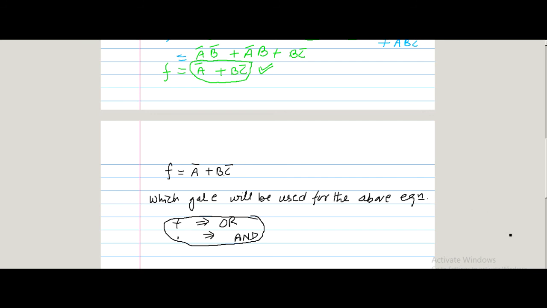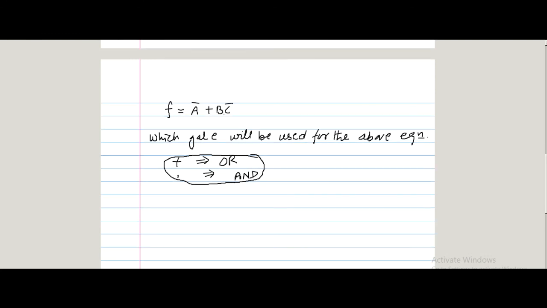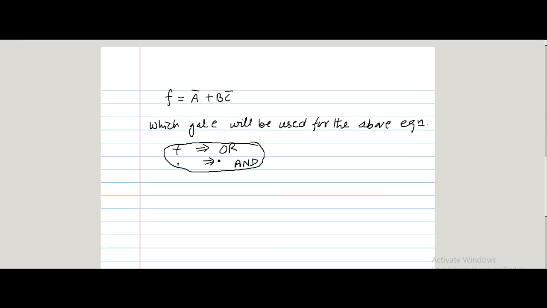Here let me write A, B and C. First of all I will calculate B C complement. For C complement, it will be an inverter. So B and C complement, there will be an AND gate between these two, because we are doing a dot product, and that is your AND gate.